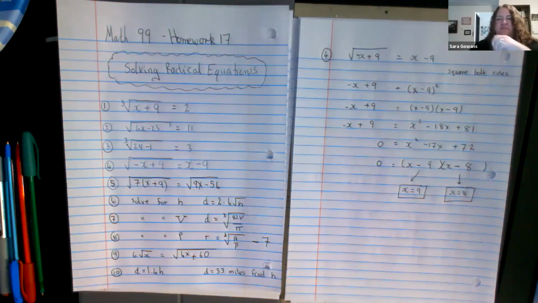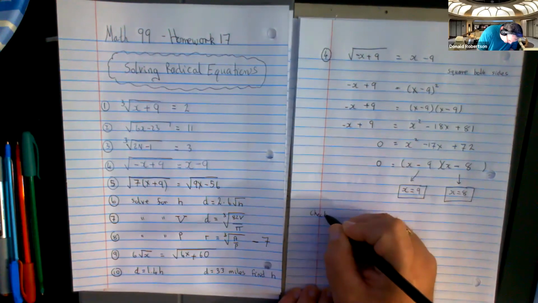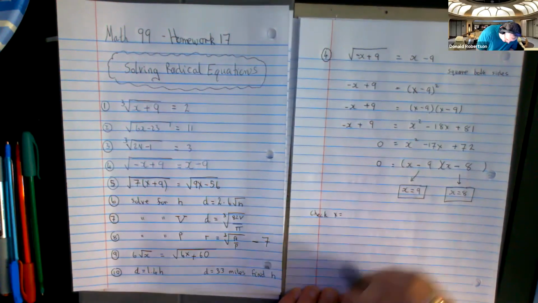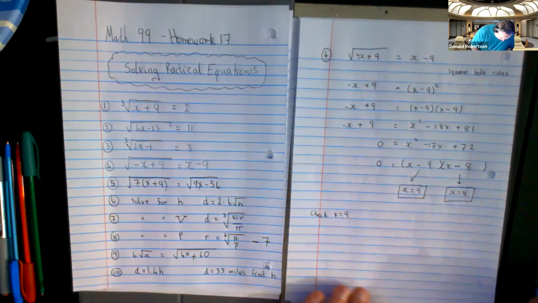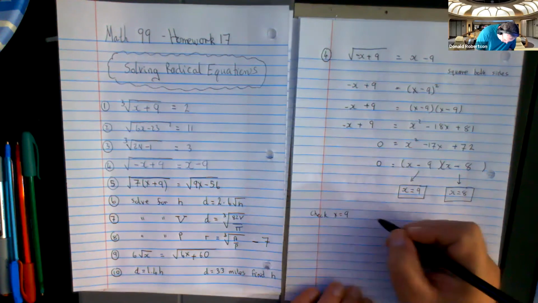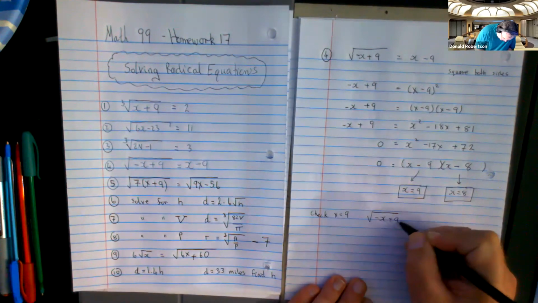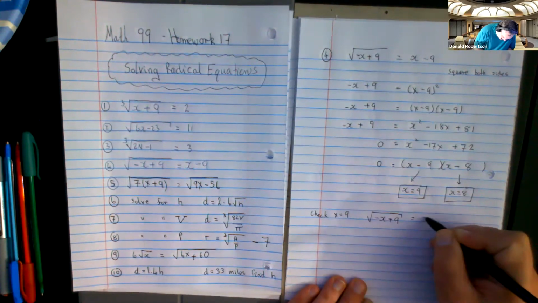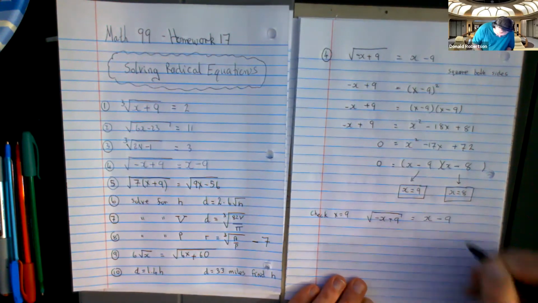9. 9 gets the job done. So let's check x equals 9. Well, the square root of negative x add 9 should be equal to x take away 9.